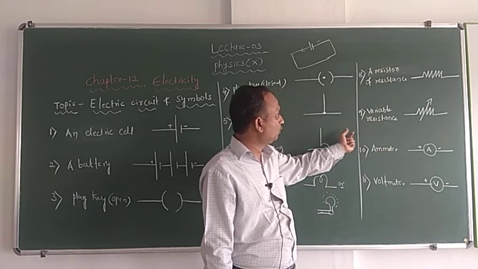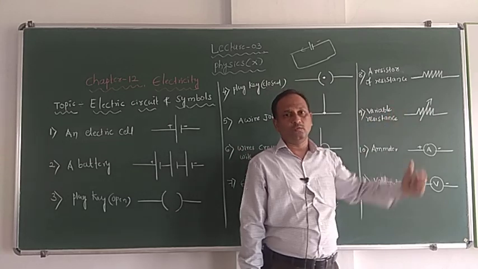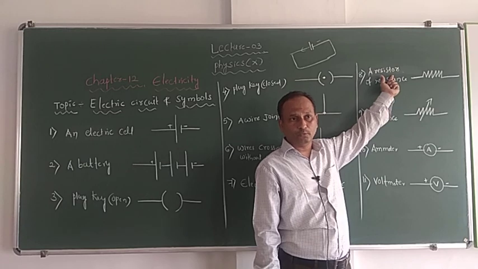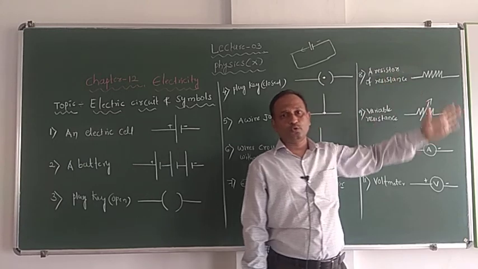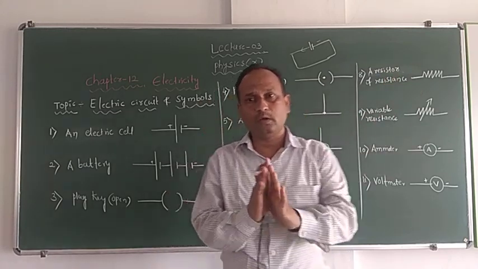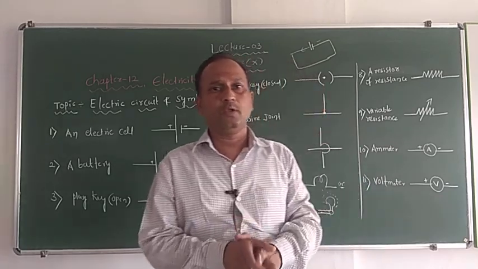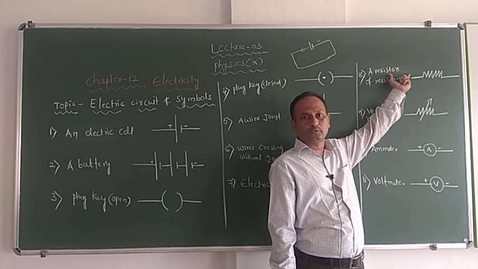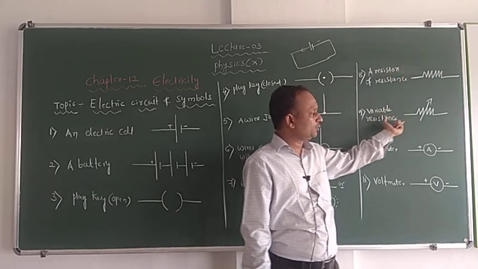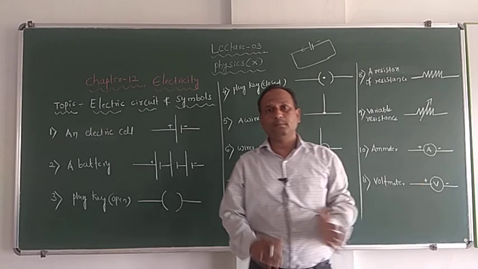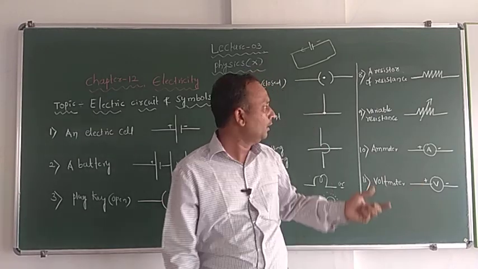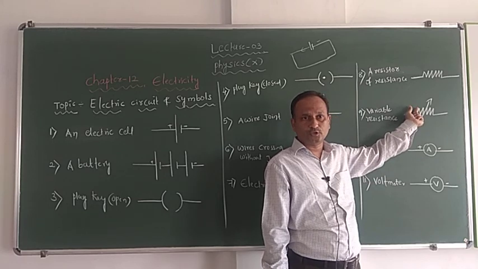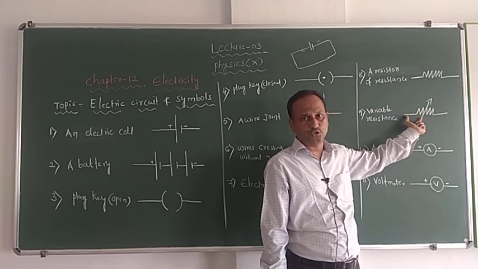Now we come to the variable resistance. For example, this is a resistance of fixed value, say 5 ohm. It offers only 5 ohm of opposition to the current. But with a variable resistance, the value of resistance can be increased or decreased. For example, if the resistance value is 5 ohm, we can increase or decrease it.